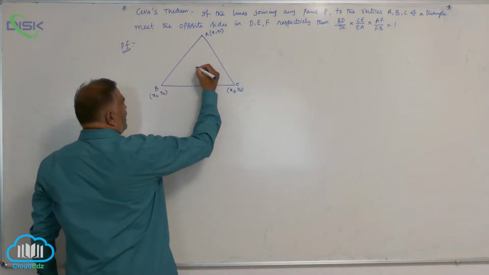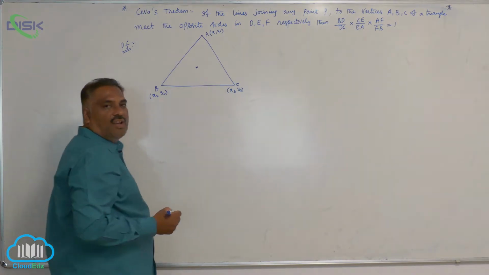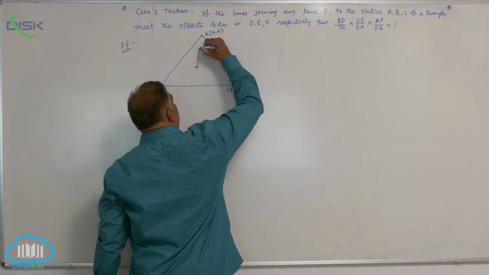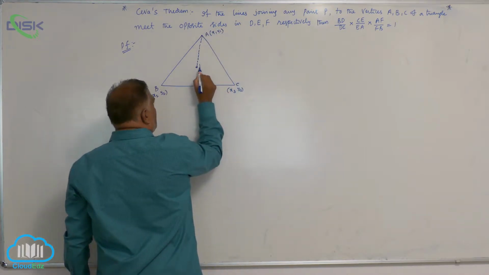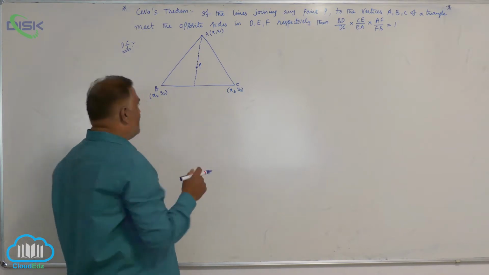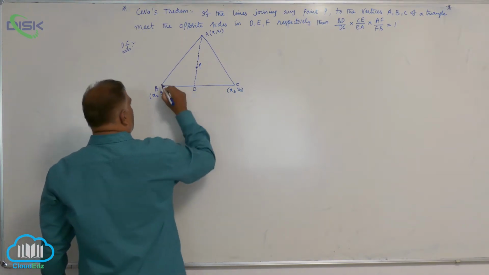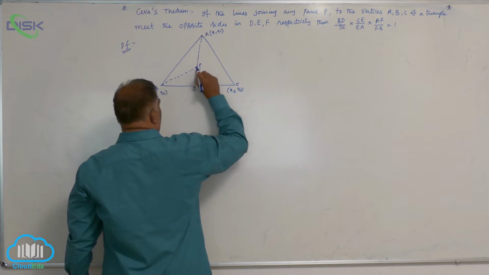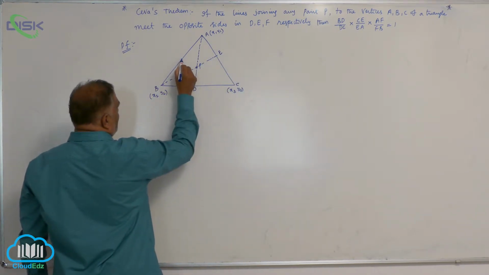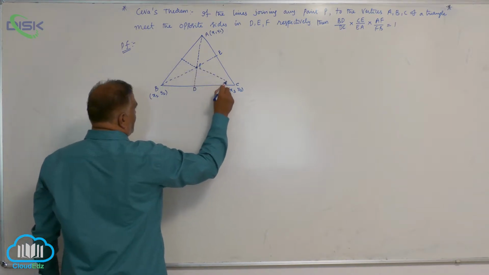That means let us consider a point P inside the triangle. Now the line joining these, P here, extended to meet BC in D. Then like this it is E and this is F.